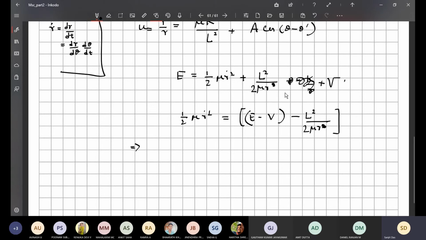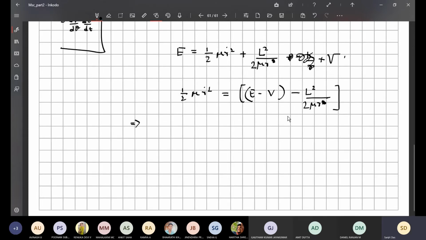So now in terms of dr by dt, what can I write? Tell me. Half mu is a constant. I'm keeping E minus V, then after E minus V, that will be r square.